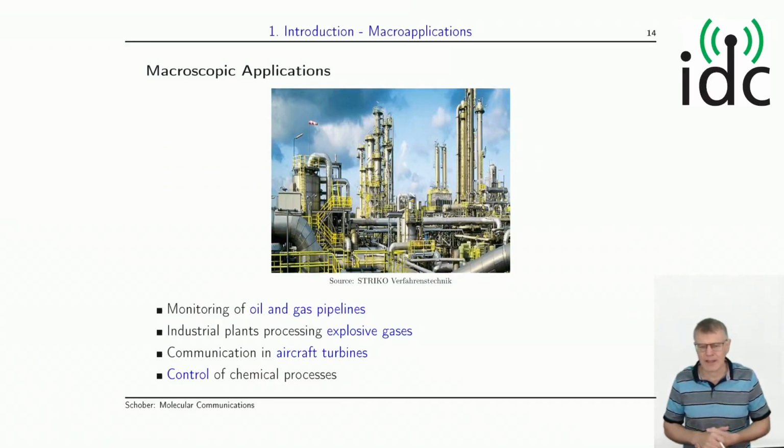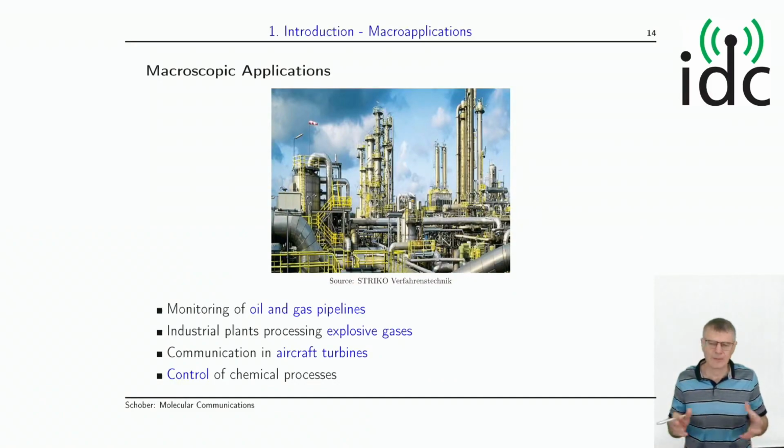Or in aircraft turbines where the rotating metal parts cause a problem for electromagnetic communication, but are actually beneficial. The flow that is generated might be beneficial for molecular communications. And finally, it may allow you to control the chemical process more effectively, because you can actually control the process inside the medium where the process happens, and you may not need extra sensors that convert the signal into an electrical signal first. So those are the macro applications.